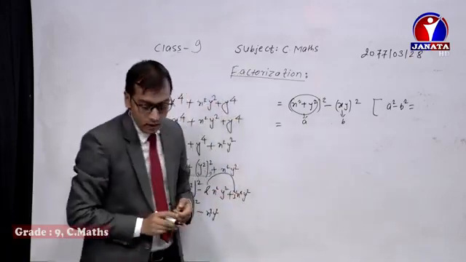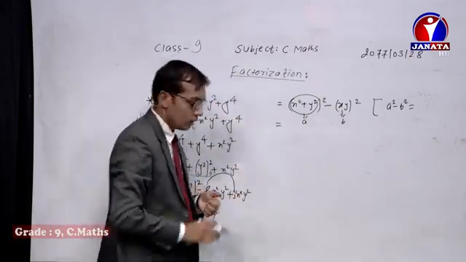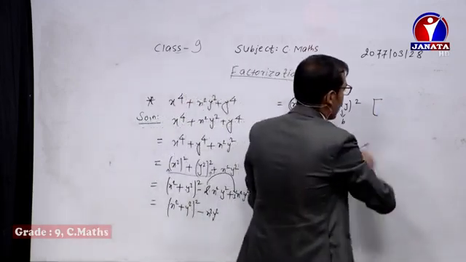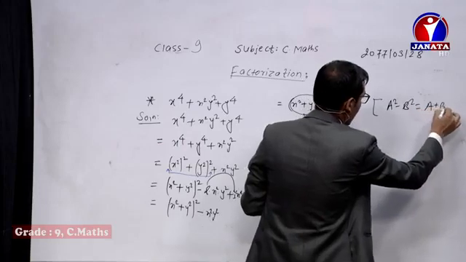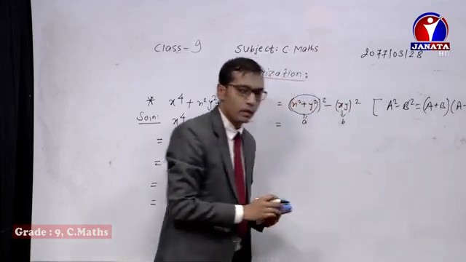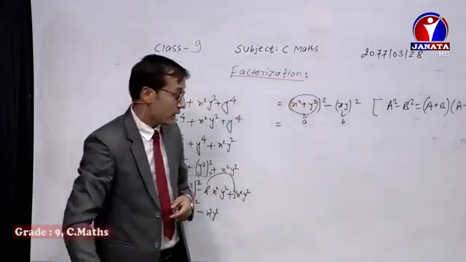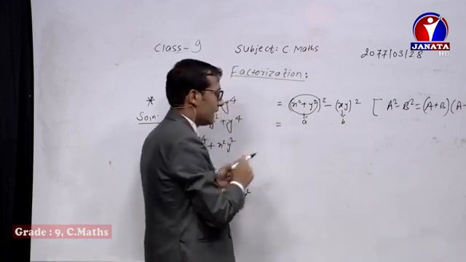The formula of a square minus b square has two factors: a plus b and a minus b. These are the two factors of a square minus b square. So what is a?